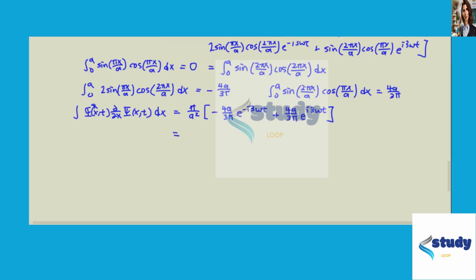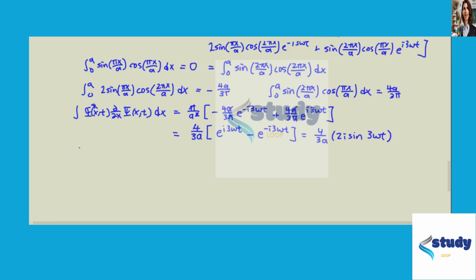So the pi cancels, the a also cancels. You have 4 over 3a times e to the i 3 omega t minus e to the minus i 3 omega t, so 4 over 3a times 2i sine 3 omega t.